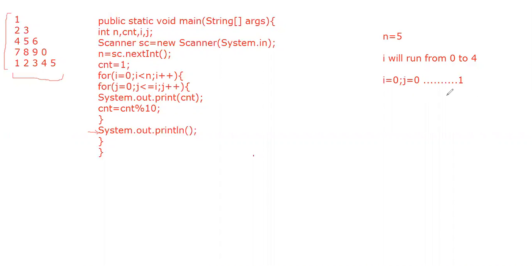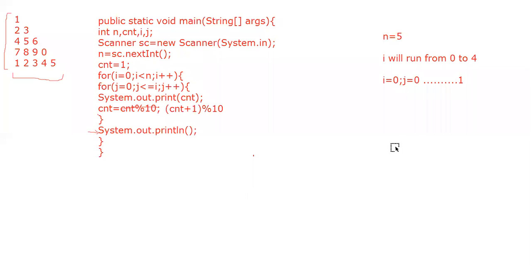One more thing. We have done cnt equal to, oh, just a minute, I have to change something here. It will not be cnt equal to cnt mod 10, it will be cnt equal to (cnt plus 1) mod 10. We have to increment the value of cnt and then take it mod 10.